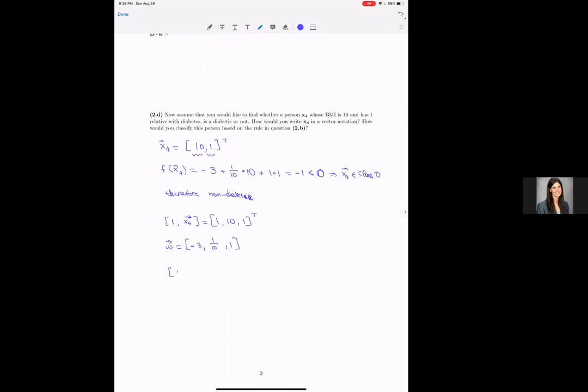Therefore, if we multiply our data vector with our weight vector, we would have found exactly the same thing. And we would have made exactly the same decision.